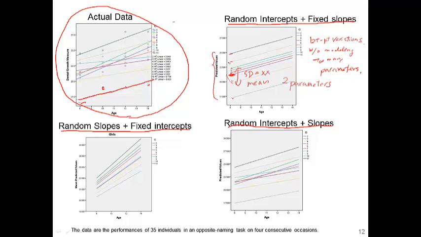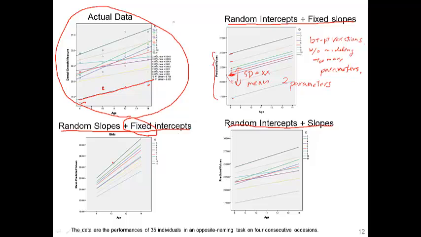I keep saying patient, right? And the next one is random slopes and fixed intercept. This allows only one intercept for the entire cohort of 10 girls, but it allows random slopes.